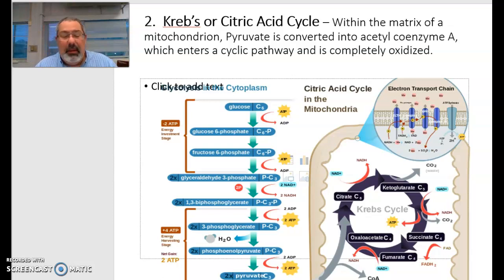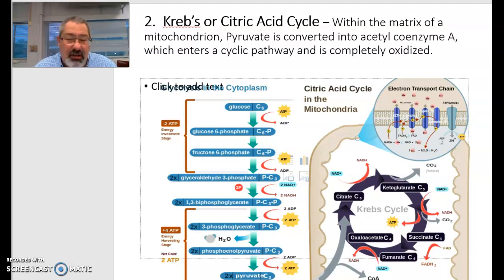So pyruvate will move through a transport protein in the membrane of the mitochondrion and move into the matrix. It will be first converted into a smaller molecule called acetyl coenzyme A. A molecule of carbon dioxide will be released.